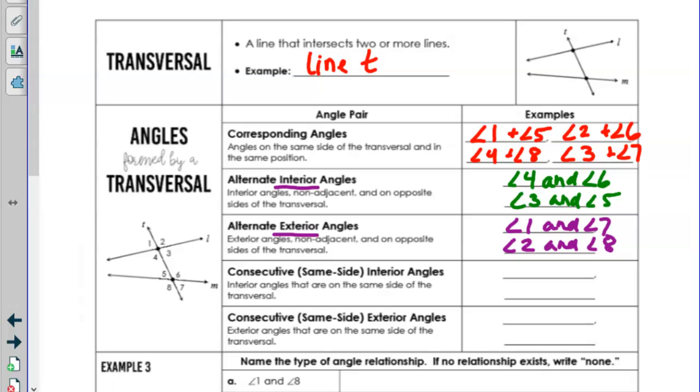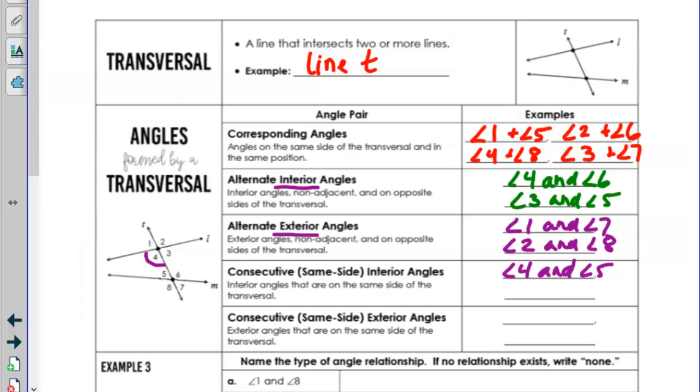Alright, so these next sets have 2 different names, and it depends on what textbook or worksheet you're looking at, but they mean the same thing. It's consecutive, which means next to, and it's also same side. Consecutive and same side mean the same thing in this situation. So if I say same side interior, so again we're looking at the interior of those lines, what would be the same side interior angle to angle 4? Very good. Angle 4 and angle 5 are same side interior.